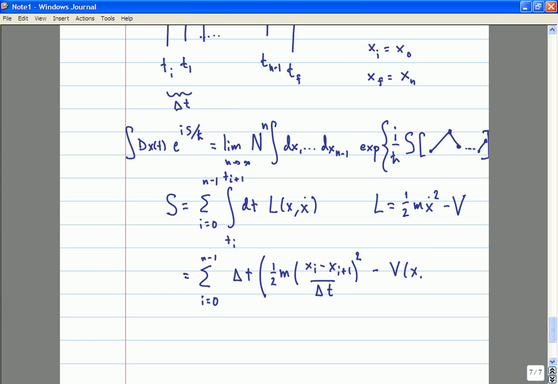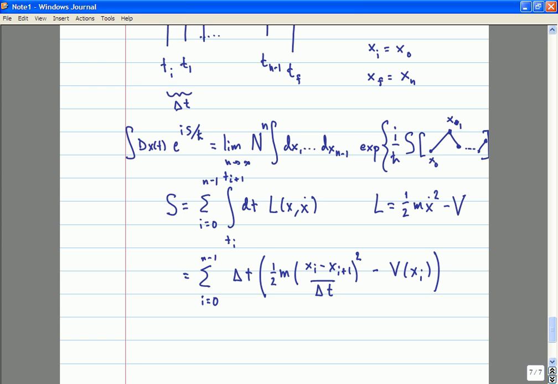So all I've done here is I've imagined that delta t is very small, and then 1/2 m times the velocity squared is just 1/2 m times the difference between, say, x1 and x0, for example, if you wanted to calculate the velocity along that straight line segment. And then I've added in the potential V at the point x_i.